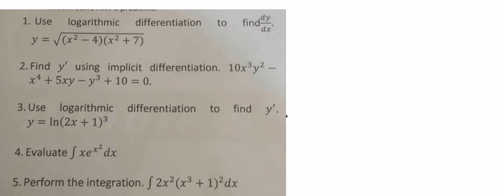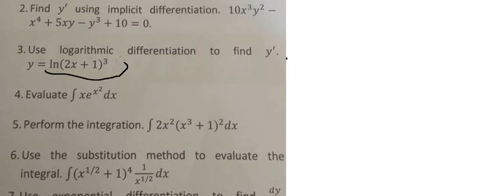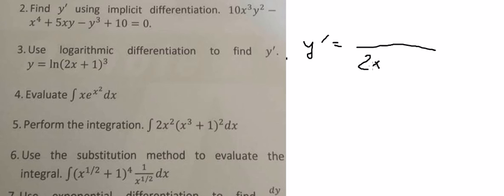Now let's go to number 3. So about this one, we get the first derivative of y equal to 2x plus 1. This one we have number 3, so you get 2x plus 1 squared, and we take the first derivative of 2x plus 1, you get number 2.